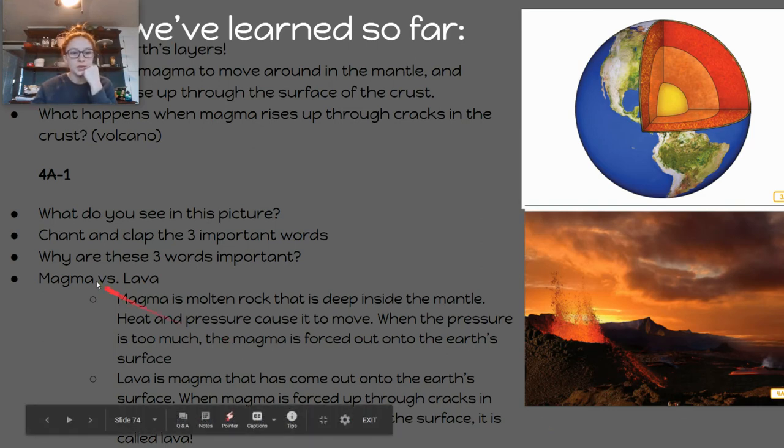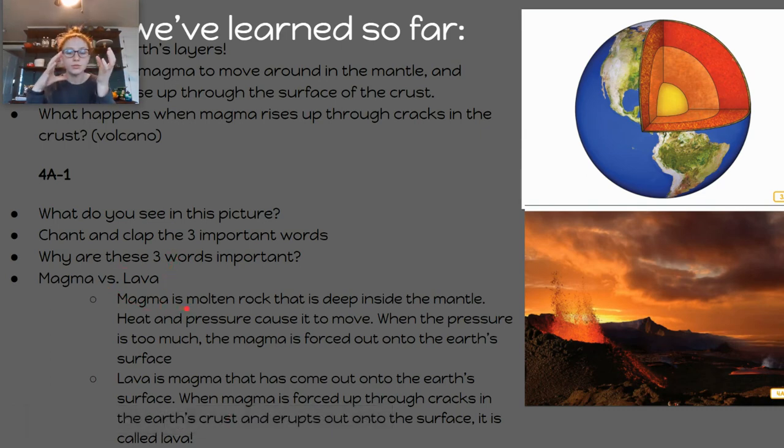Okay. Magma versus lava. So magma is the molten rock that is inside the mantle. The heat and the pressure cause it to move. When the pressure is too much, the magma is forced out onto the Earth's surface. Lava is the magma that has come out onto the Earth's surface. When the magma is forced up through the cracks of the Earth's crust and erupts out onto the surface, it's called lava.